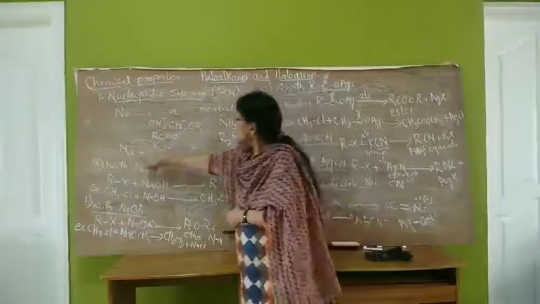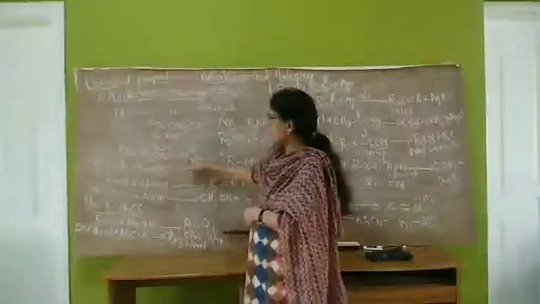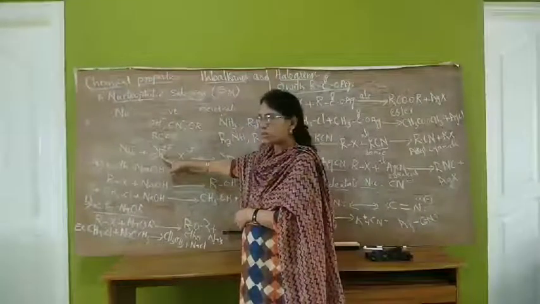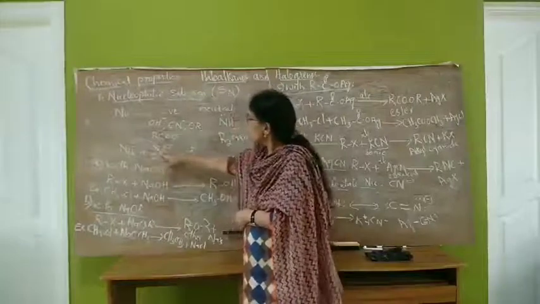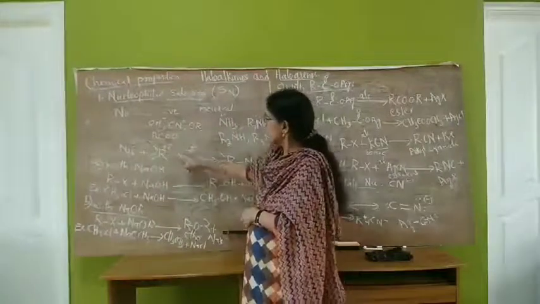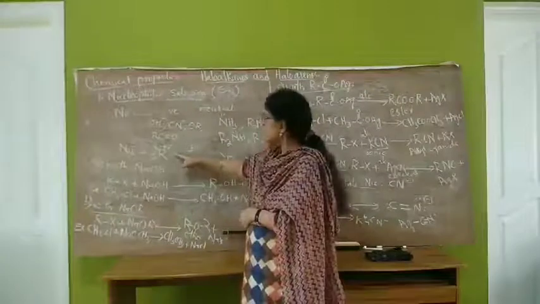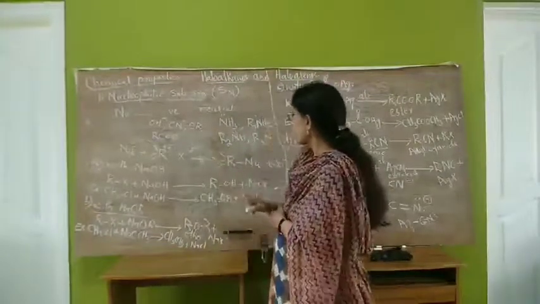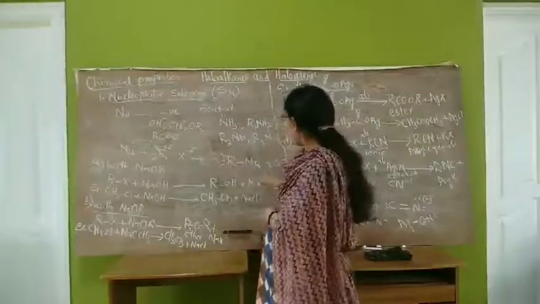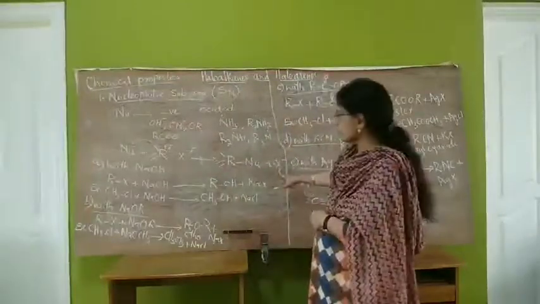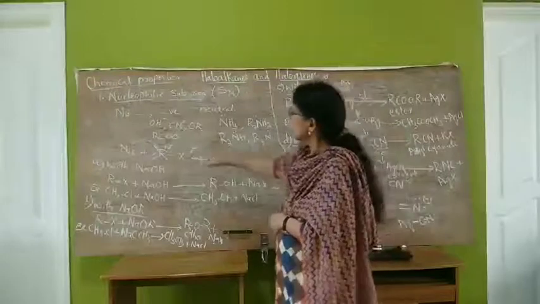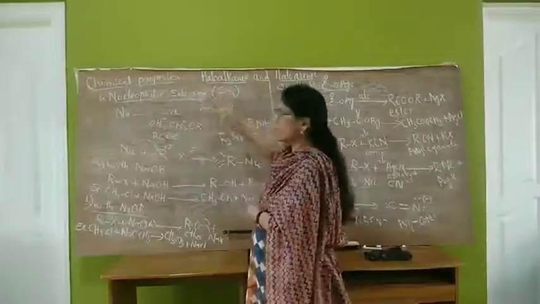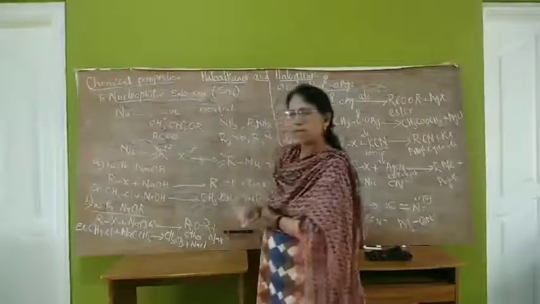When a nucleophile reacts with an alkyl halide, since it is polar, it contains a positively charged carbon. So the nucleophile attacks the positively charged carbon, and thereby the halogen atom departs as halide ion. Here the nucleophile initiates the reaction.